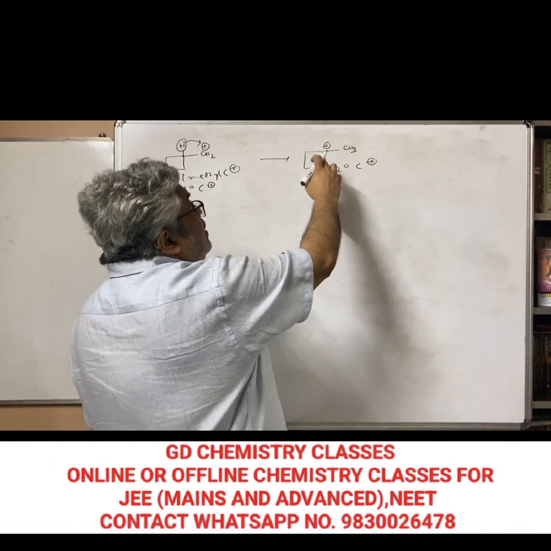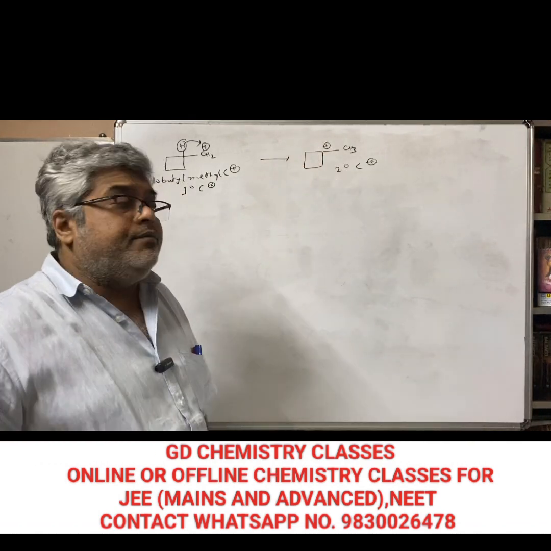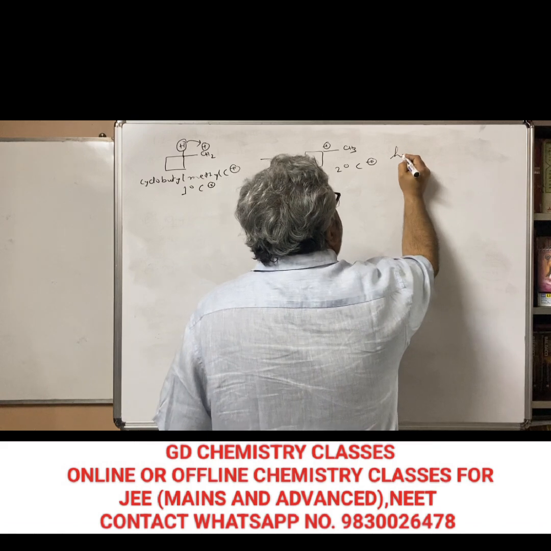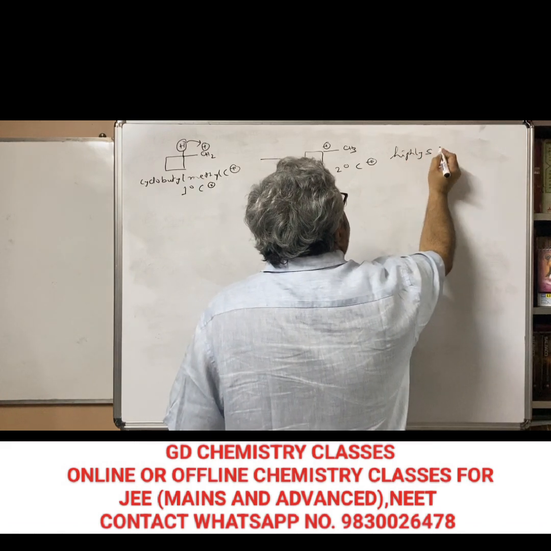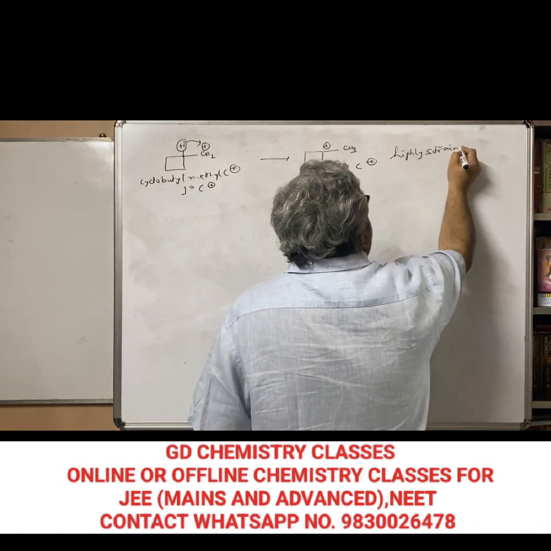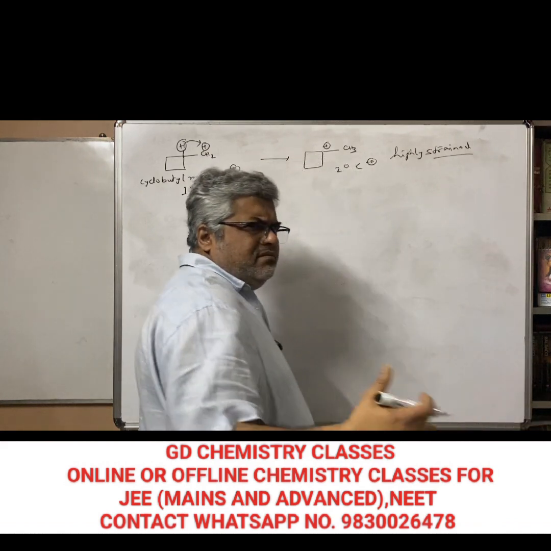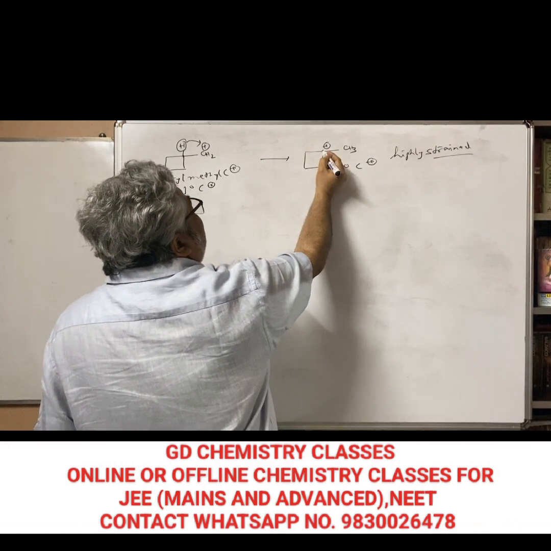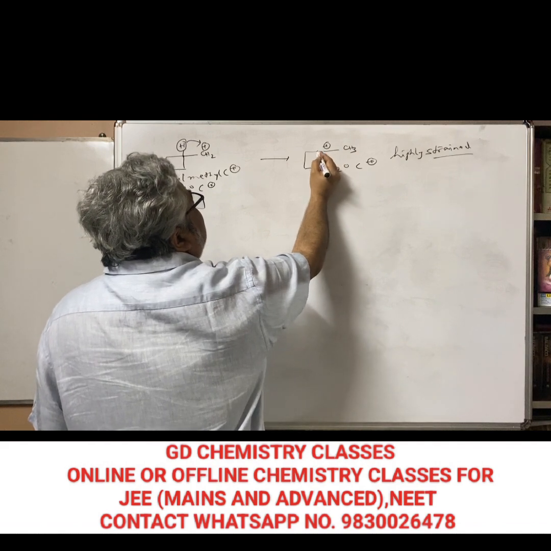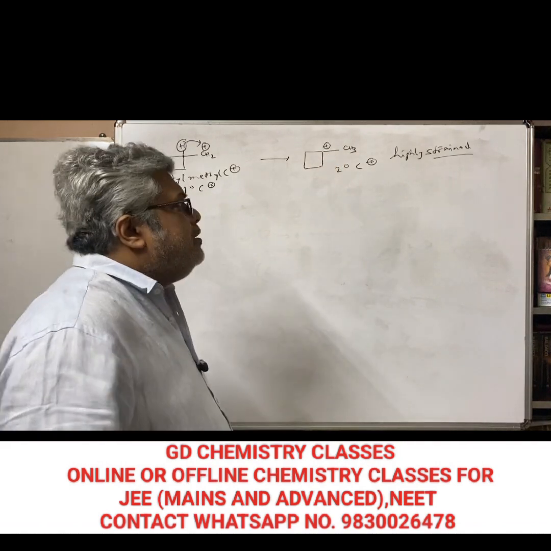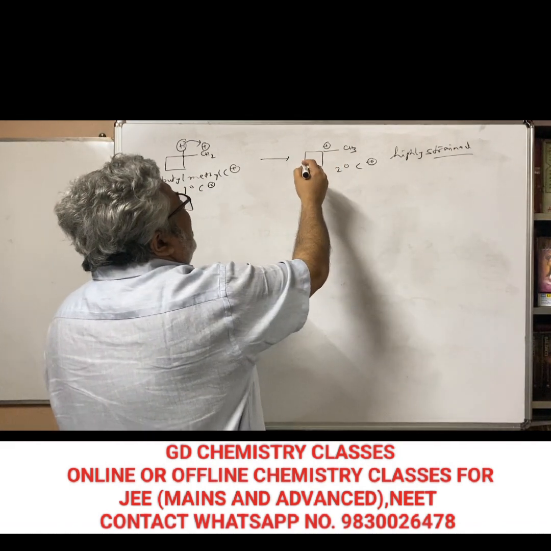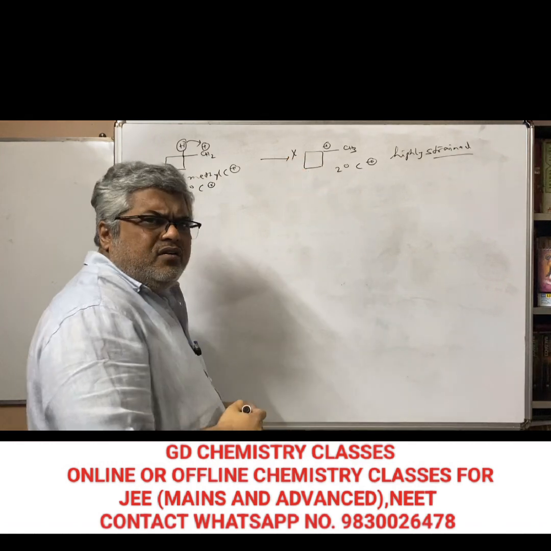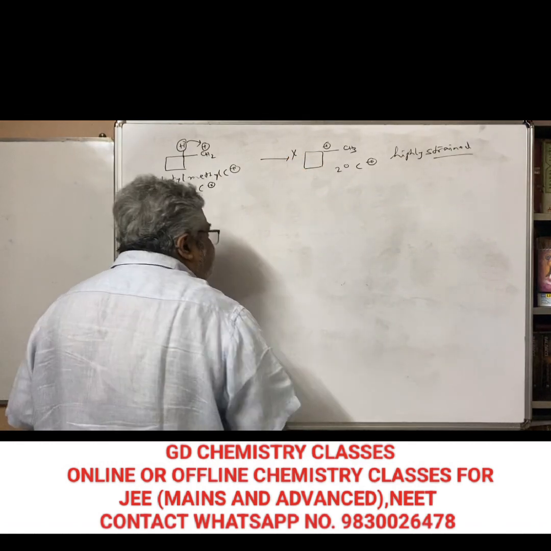But here the positive charge is on a 4 membered ring, which is highly strained. It's a simple concept of cycloalkanes. In order to be sp2 it has to be 120 degrees, but here the bond angles are forced to be 90 degrees, so there is high strain. So this actually is not highly feasible, and this will not occur.